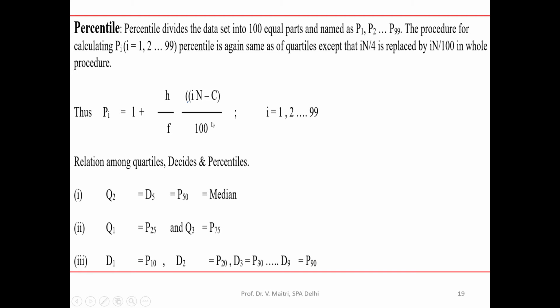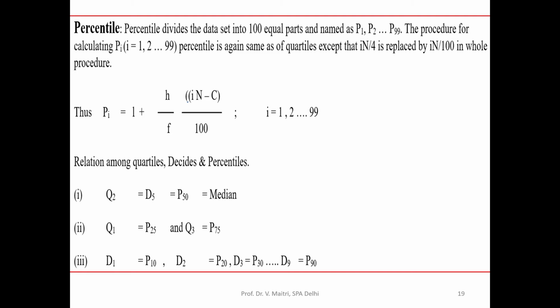Everything is the same. So what is the relation between quartiles, deciles and percentiles? Q2 is equal to D5, the 5th decile, which is also equal to the 50th percentile, and that is nothing but the median. Similarly, the first quartile Q1 is equal to P25.